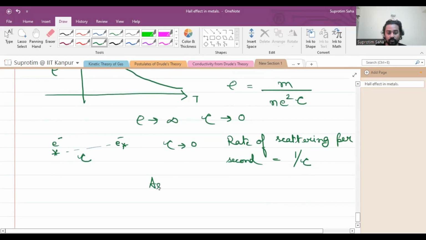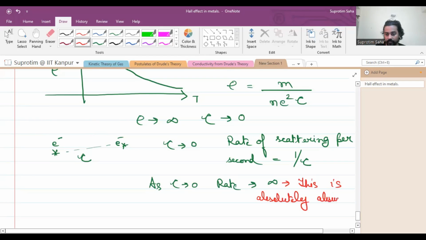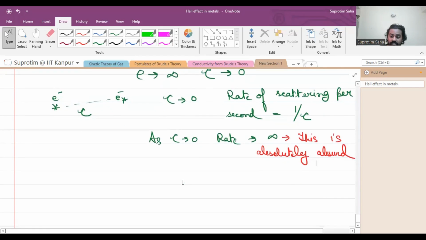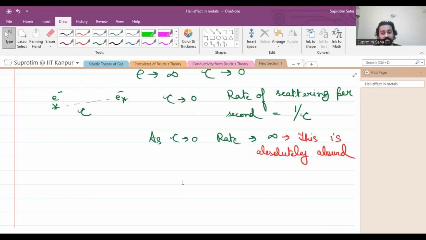So as tau tends to 0, the rate becomes infinity, which is absolutely absurd. This should not be the case. So Drude's theory fails greatly in explaining the behavior of your insulators.